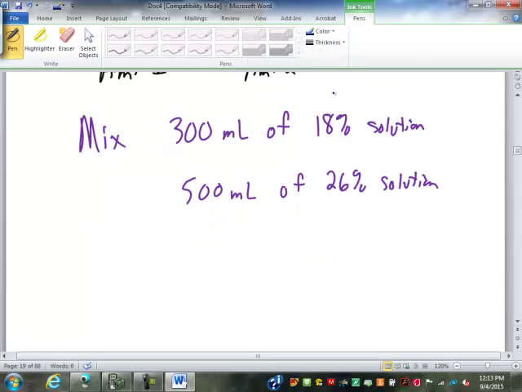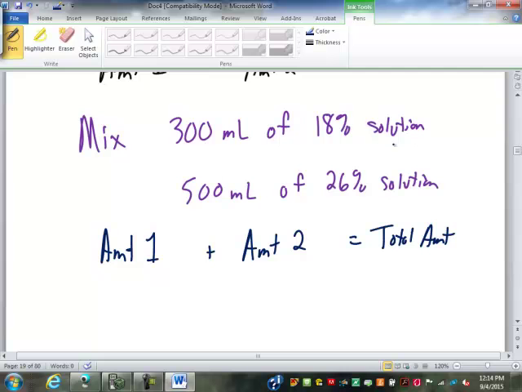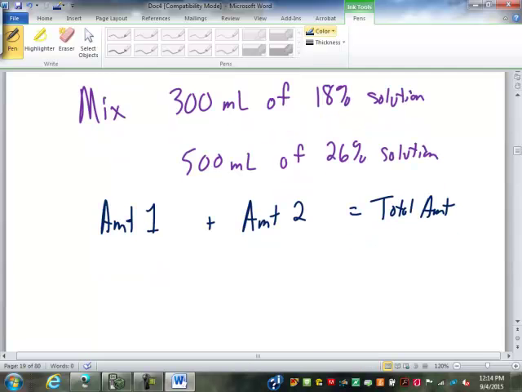Well, again, we're looking at the amount of solute in the first solution plus the amount of solute in the second solution has to equal the total amount of solute. So the first one has 300 milliliters times 18%. Normally what I would do is 300 times 0.18.